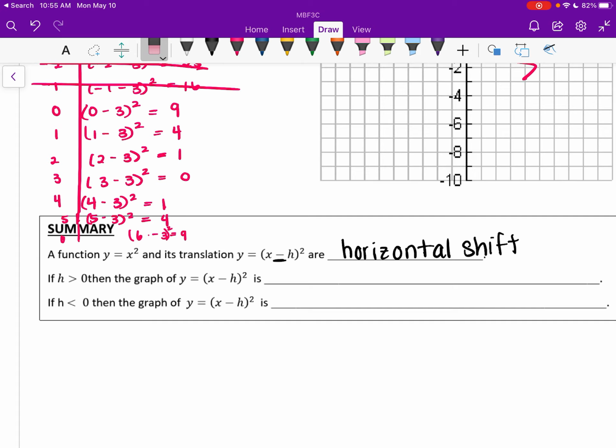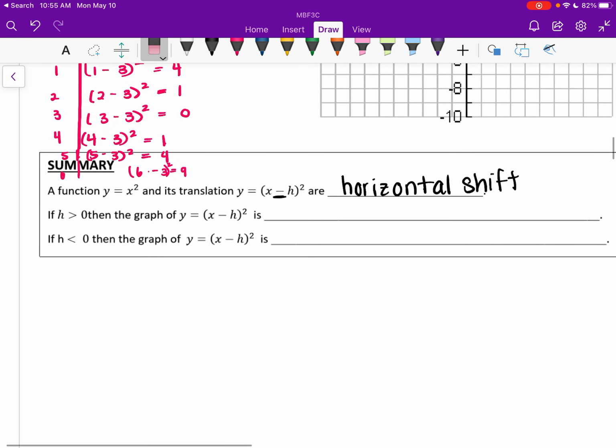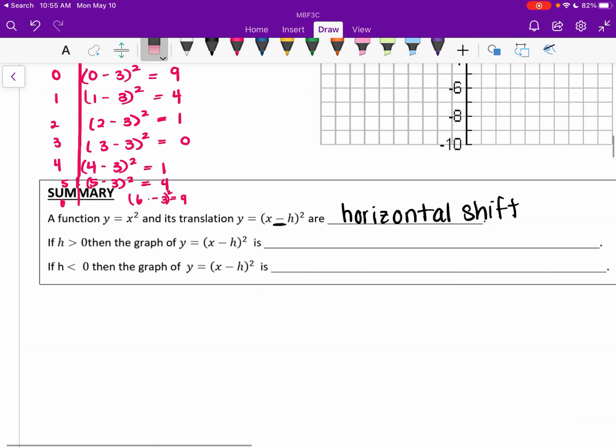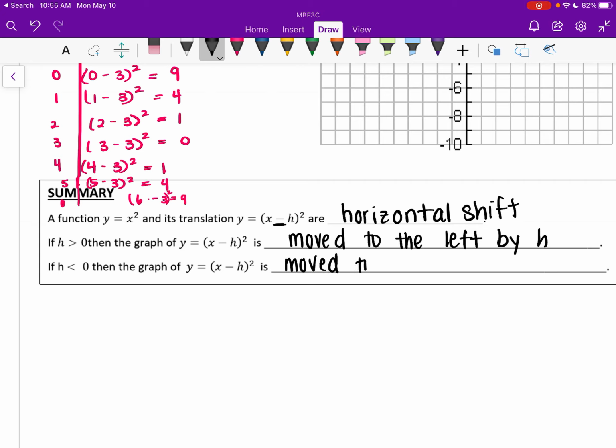So if h is greater than 0, so if it's positive, you move to the left, which is the opposite of the direction you think you'd move, by h. And then in this situation, you moved to the right by h, right?